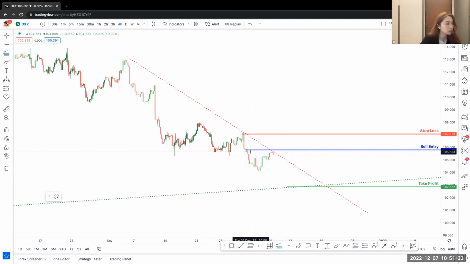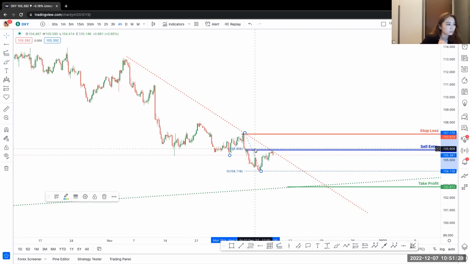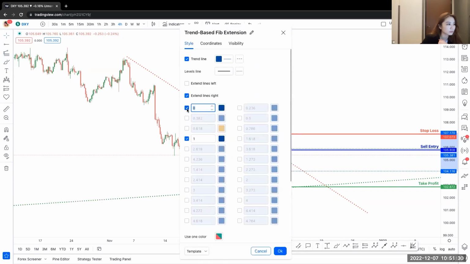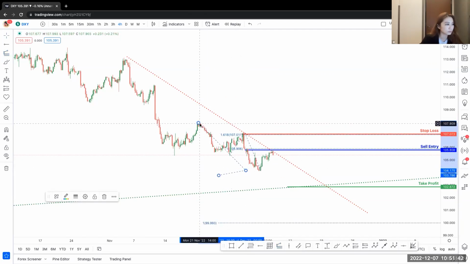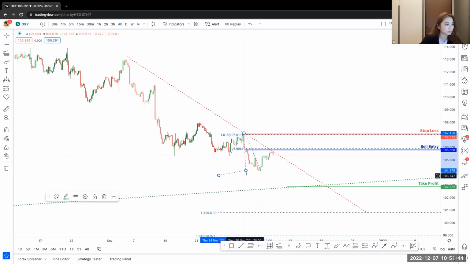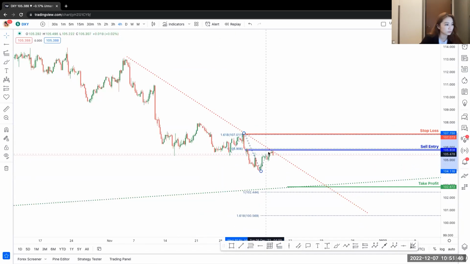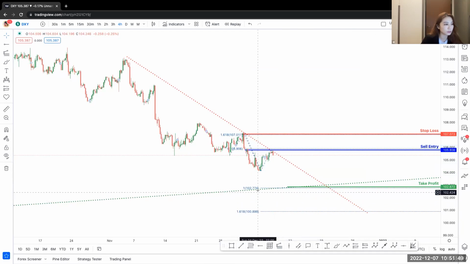Let's use our Fibonacci projection. 100% for the drop, looking at 161.8 for stop loss, and 100% for the take profit as well.